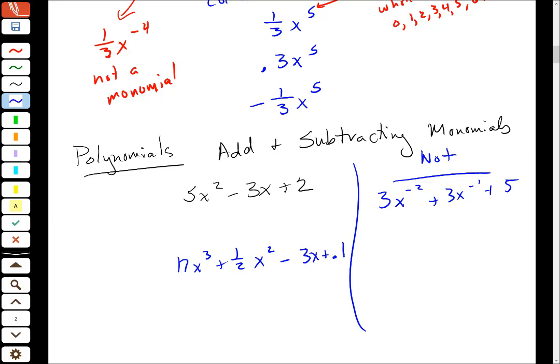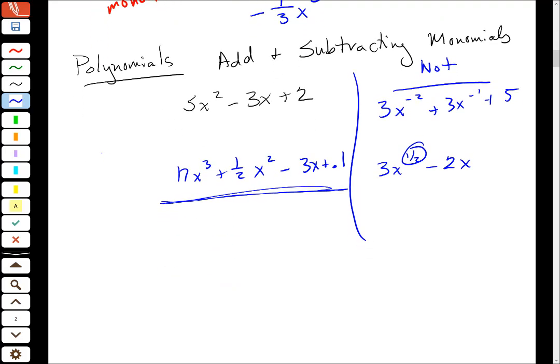That's a polynomial, no problem. So these coefficients can be a lot of different things, fractions or decimals, but over here also if I have a fraction like 3x to the 1/2 minus 2x, because it's not a whole number, that is not a monomial, so this thing is not a polynomial.